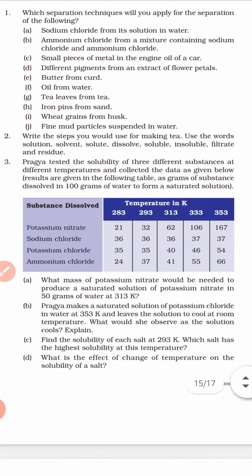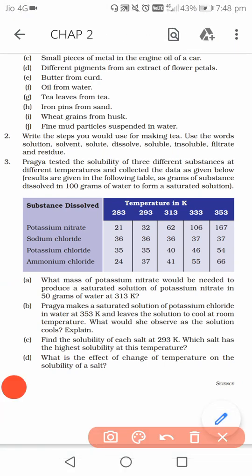Taking potassium nitrate, at 283 Kelvin, 21 gram of potassium nitrate is soluble in 100 gram of water. If the temperature is increased to 293, then in 100 gram of water, 32 gram of potassium nitrate will dissolve. That is the meaning of this table.